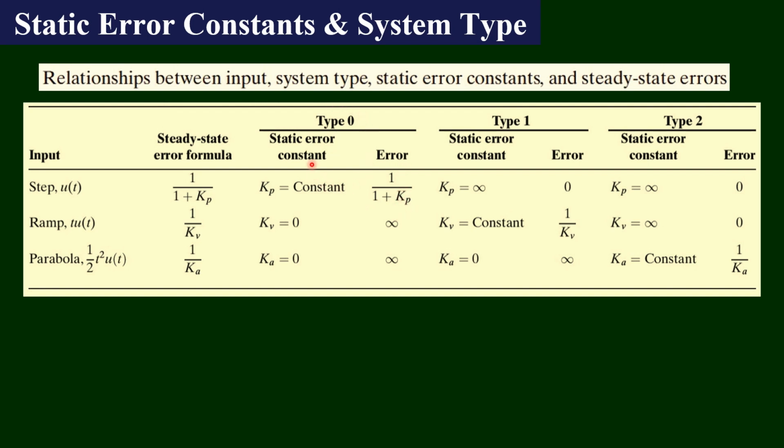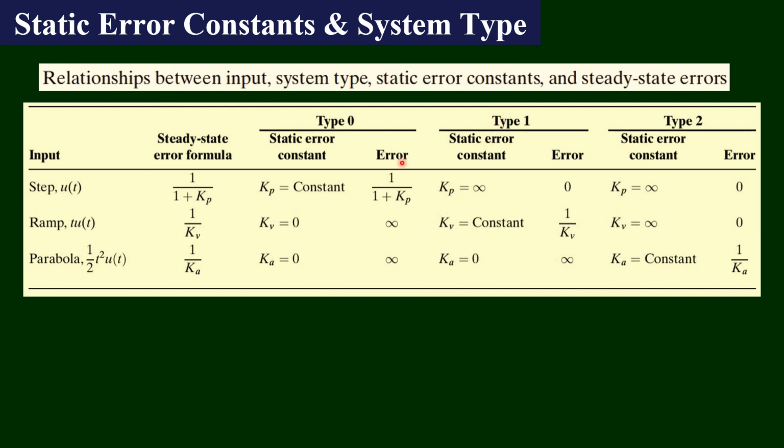This is for type 0 system. For the ramp input, it will be 1 over Kv, and Kv is equal to 0, so the error will be infinity for type 0. Similarly, for the parabolic function, it is 1 over Ka, and Ka is equal to 0, so the steady state error is also infinity.